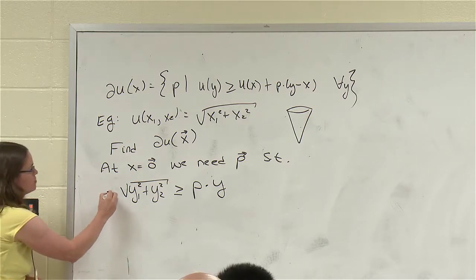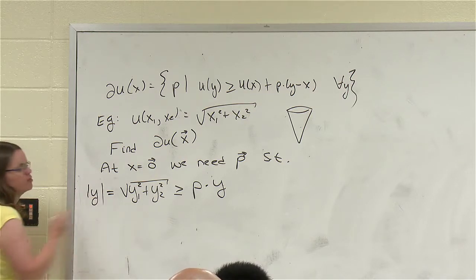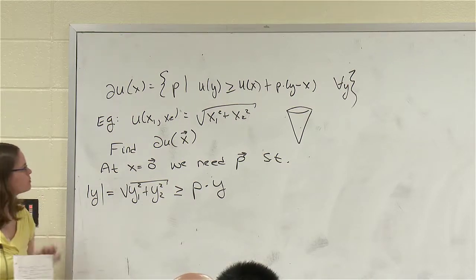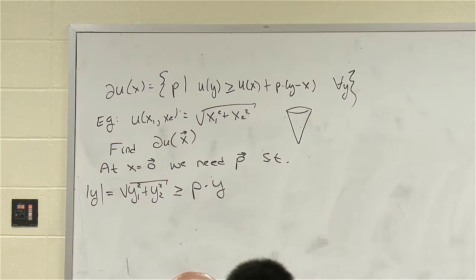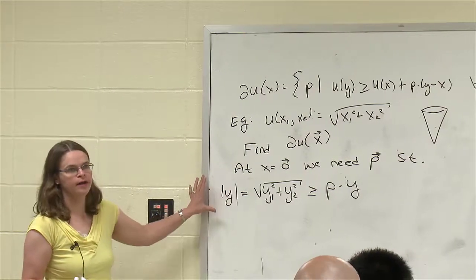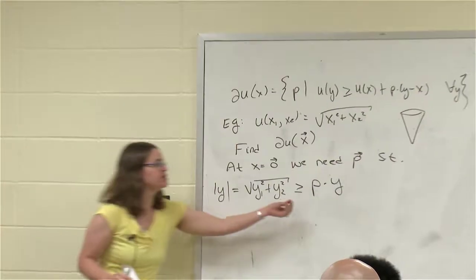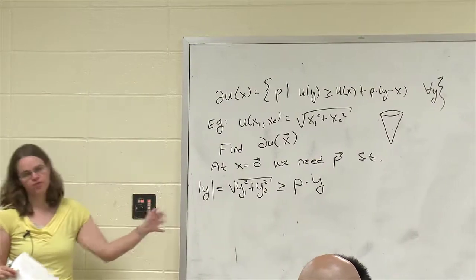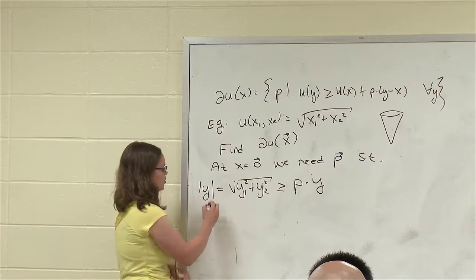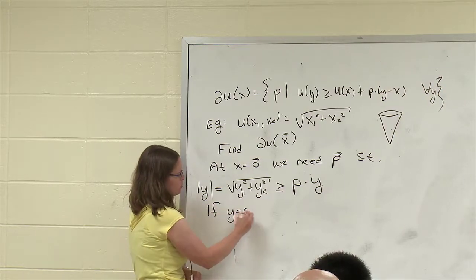Right? This is nothing but the magnitude of y. Okay, so what happens? If y equals 0, right, we need this to hold for all y. And we want to find the p's that ensure this holds for all y. If y equals 0, it's automatically true, right? So if y equals 0, this always holds.